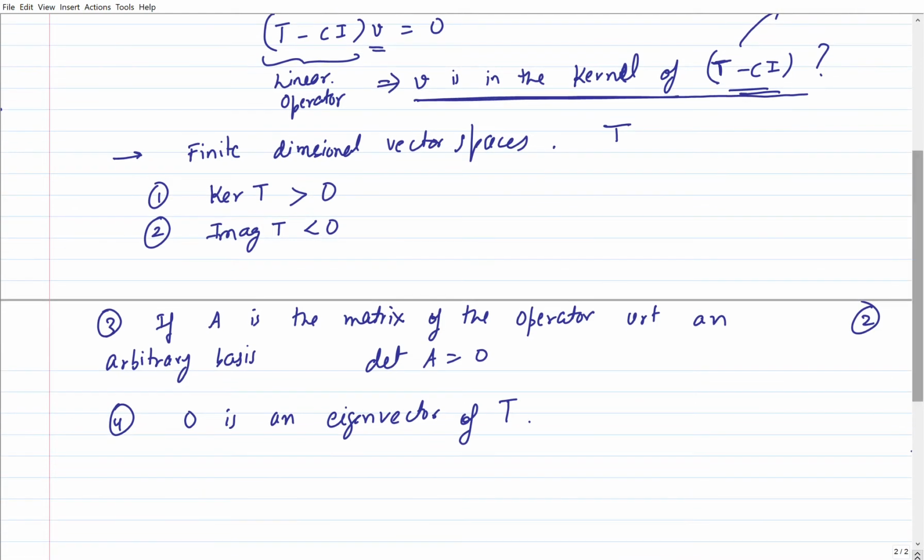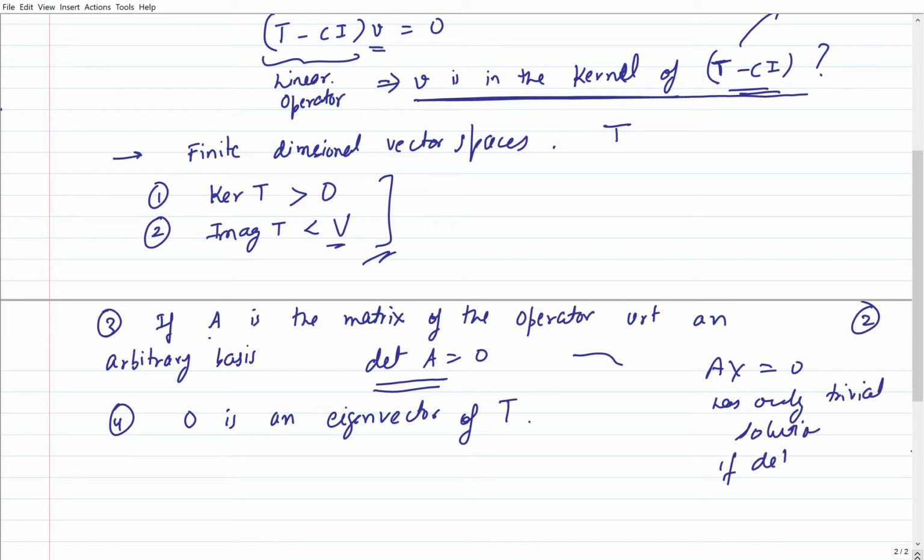Of course, when the kernel is greater than 0, that means the image of T is not the whole vector space V. So these conditions we already saw from the dimension formula. Now we also know that if the determinant of A is not 0, then AX equals 0 has only the trivial solution.